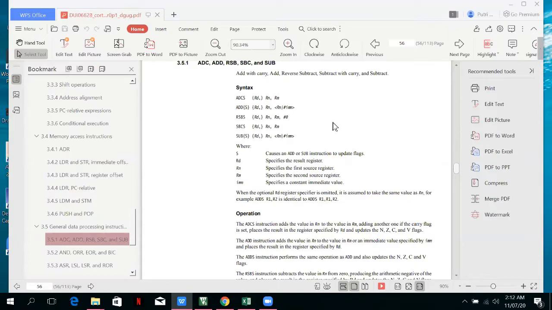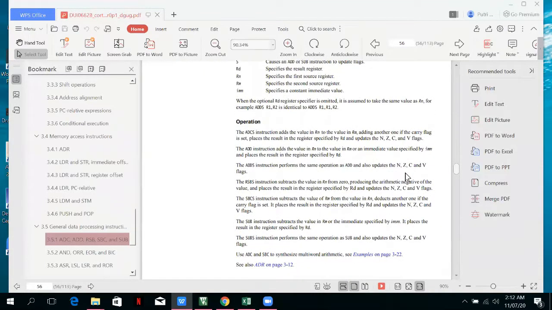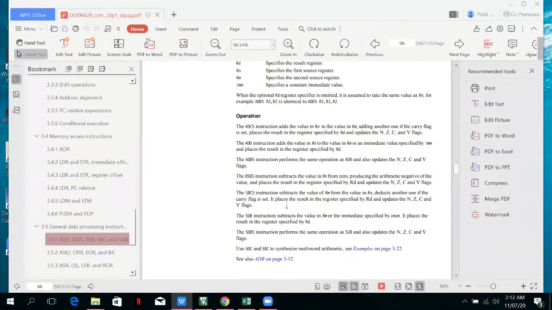For the operation, the SBCS instruction subtracts the value of RM from the value in Rn, and deducts another one if the carry flag is not set. It places the result in the register specified by RD and updates the NZCV flags, which means if the carry before the SBCS instruction is 0, the result is reduced by 1. But if the carry is 1, it is not reduced.